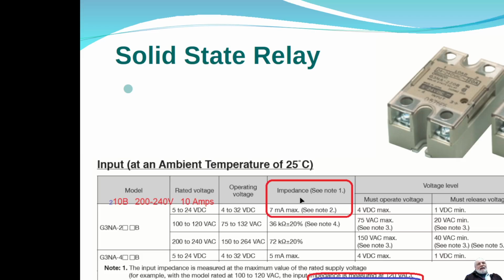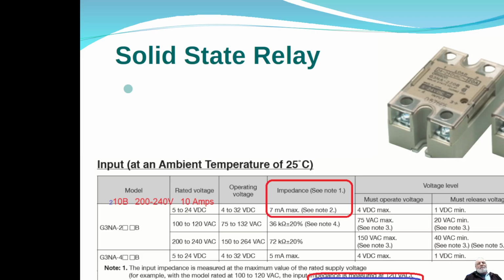They're saying you have a maximum of 7 milliamps through there. But notice they say see the note, so I highlighted this spot here. The one that we have in the classroom, I believe, is the one I highlighted here, and it can actually go up to a maximum of 15 milliamps.